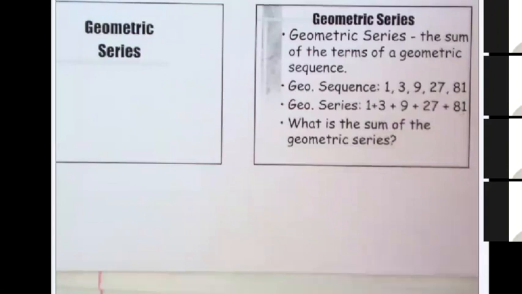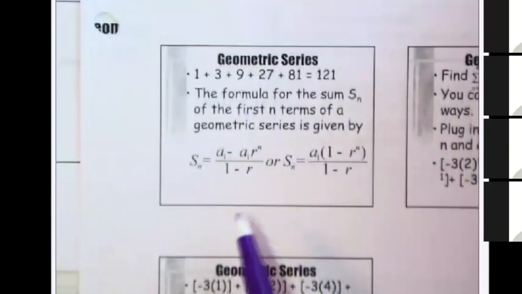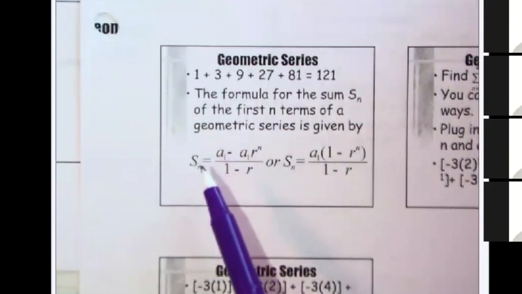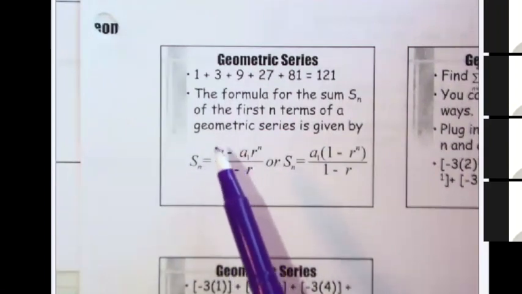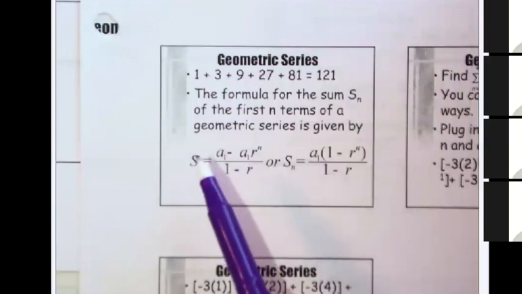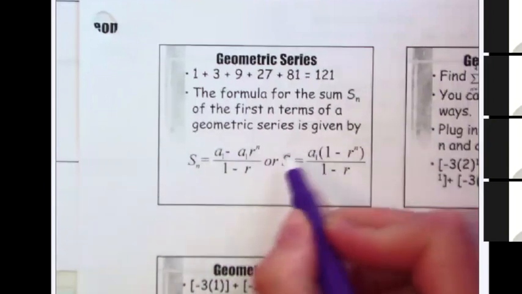And of course, we have an equation for that too. So remember, the a's tell us what term we're supposed to plug in. Now there's 2 different options for this one. I don't really like that first option because it's a little bit more messy. I like this one better.